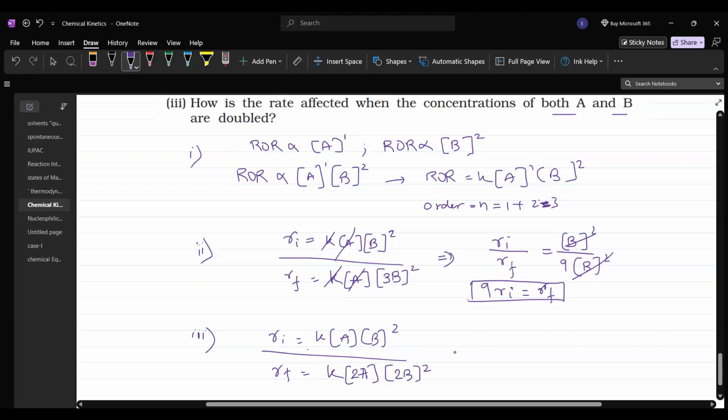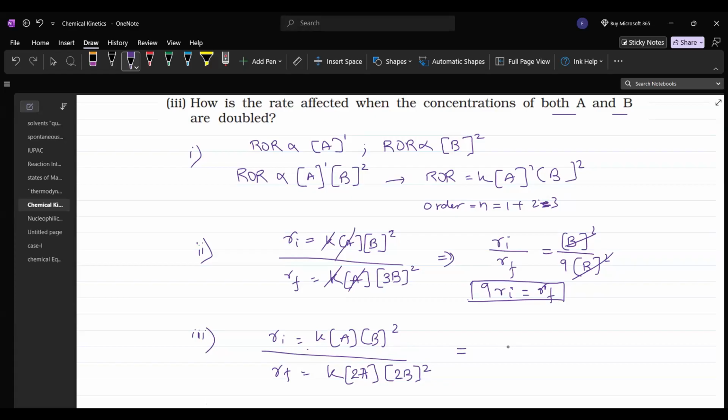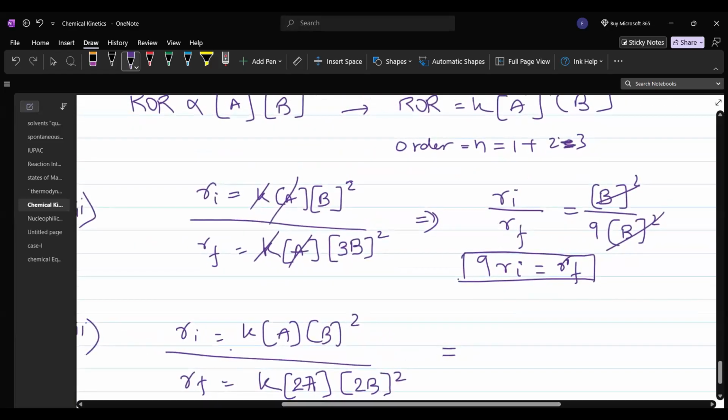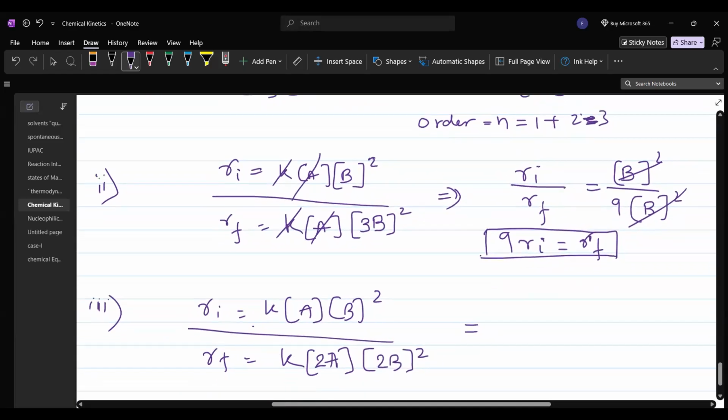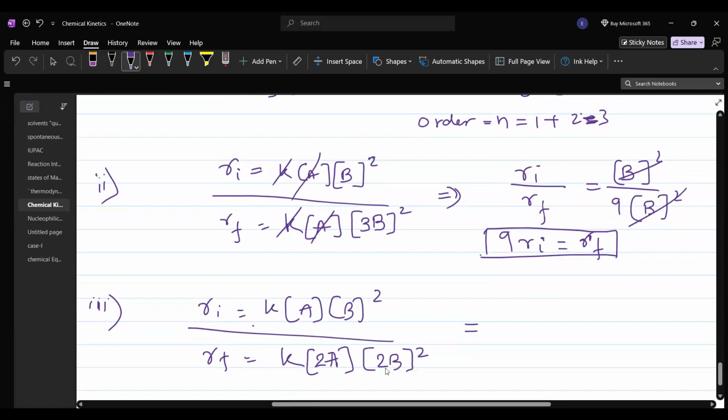So it will be 1 by 16 times the actual, 16, not 18. So 4 into 4, right? 2 to the 4, 4 to the 8, 8.